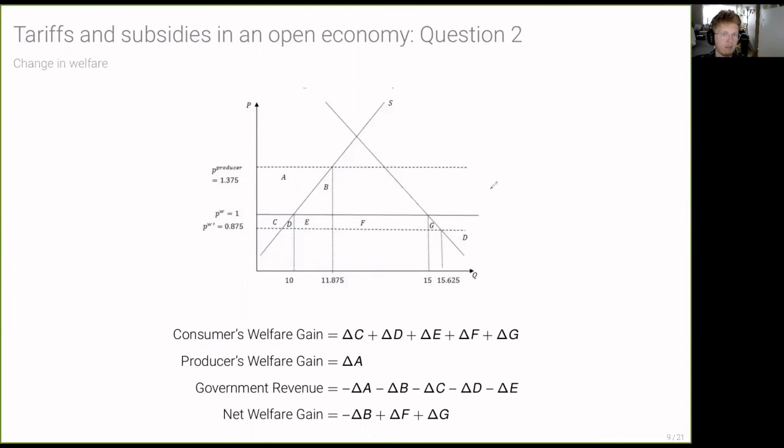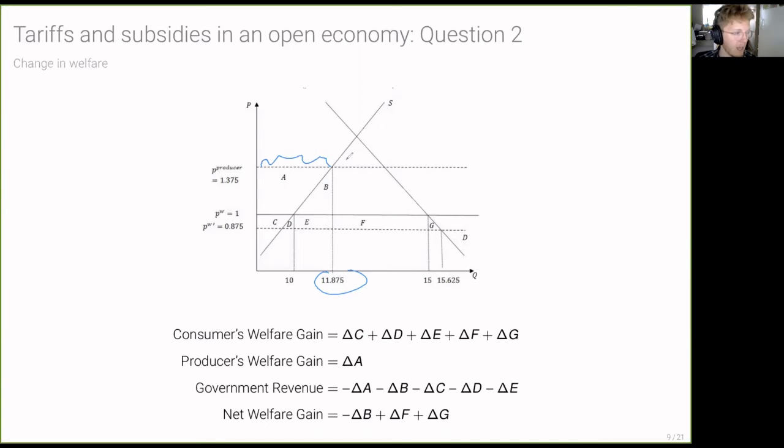Of course, so far both producers and consumers have gained, but this comes at a cost to the government. The government must subsidize the total number of units produced here. So it's subsidizing 11.875 units. That's the increased amount of production due to the subsidy.